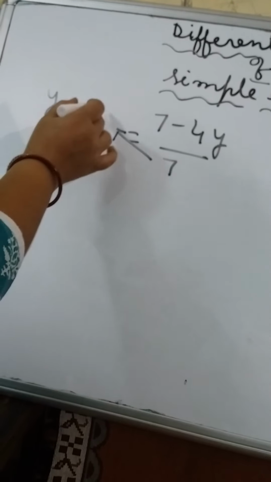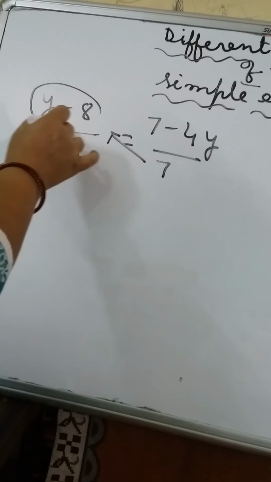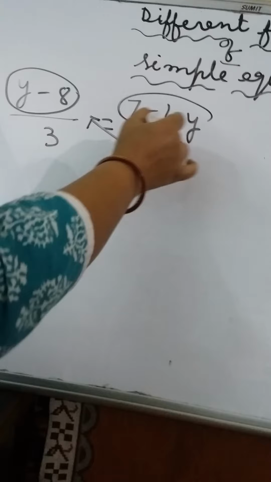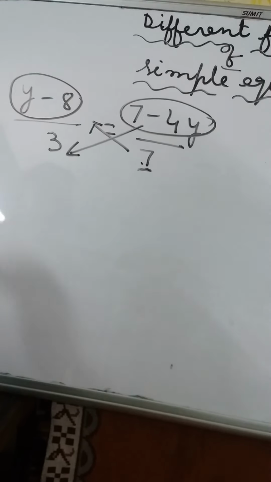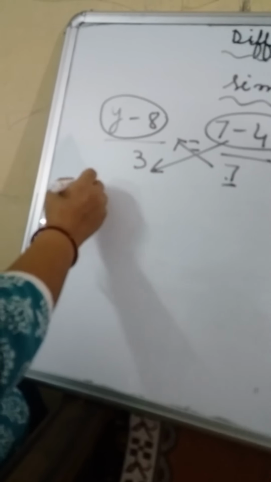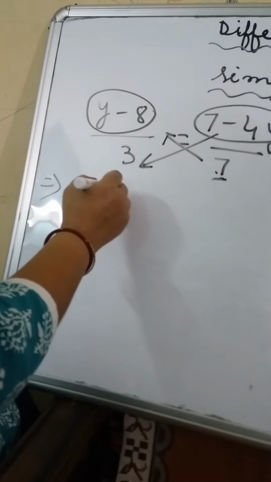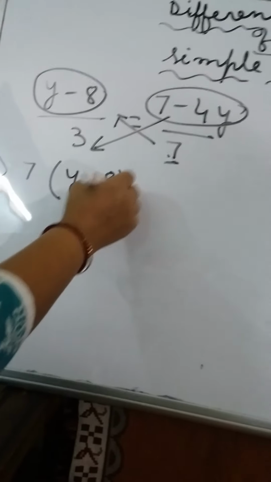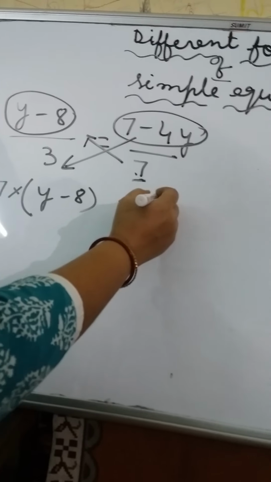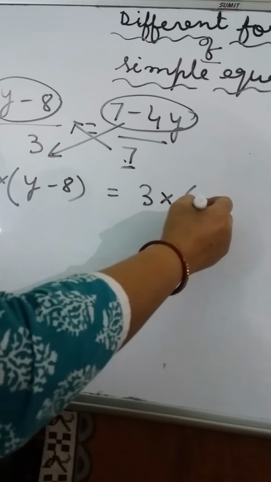That means this numerator will be multiplied by this denominator and this numerator will be multiplied by this denominator. So in the next step we will write 7 into y minus 8 equals 3 into 7 minus 4y.